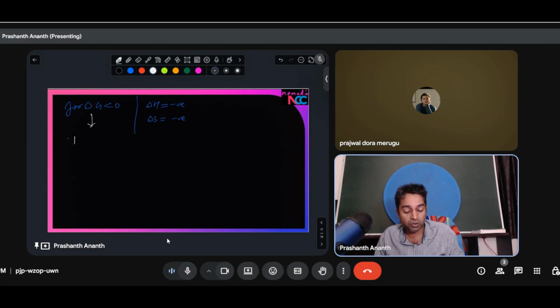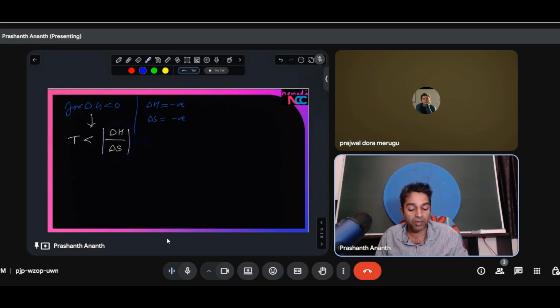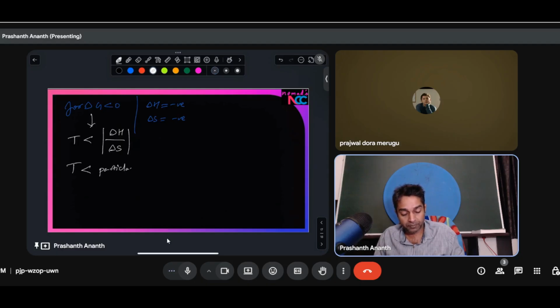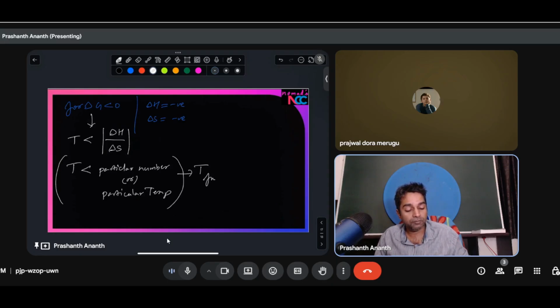It translates into temperature being less than modulus of delta H by delta S. This delta H by delta S is going to be some particular number. So we can say temperature should be less than a particular temperature, which we call the temperature of fusion, or in this case the melting point.